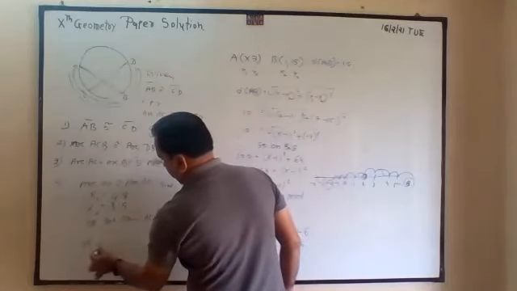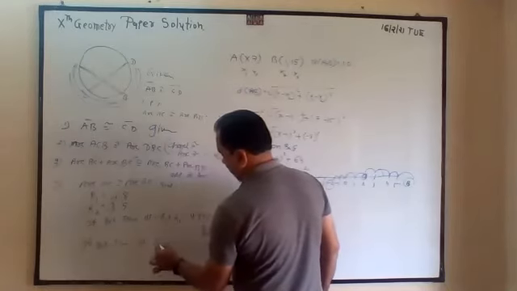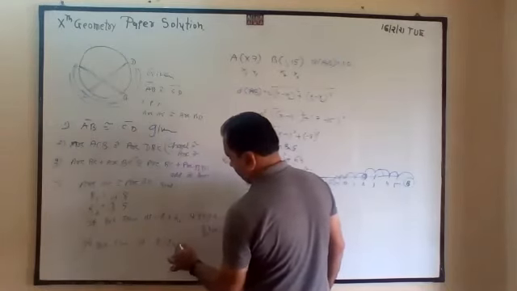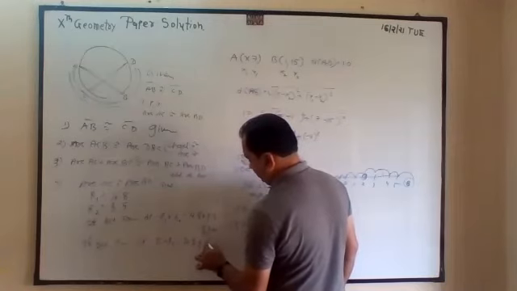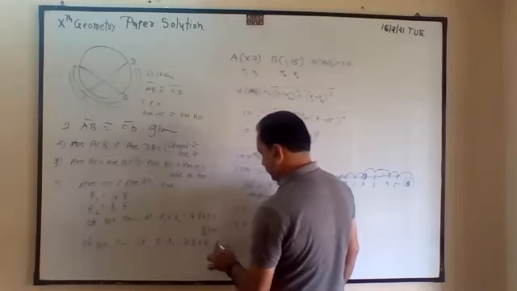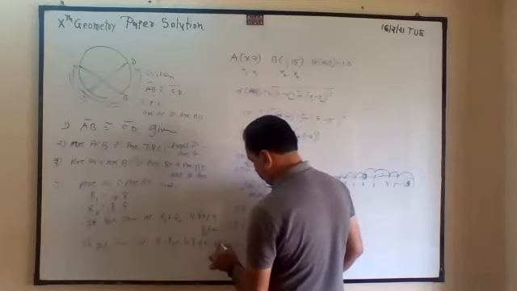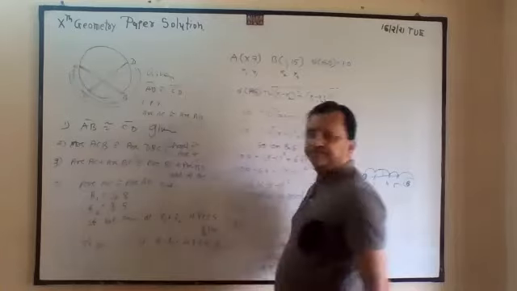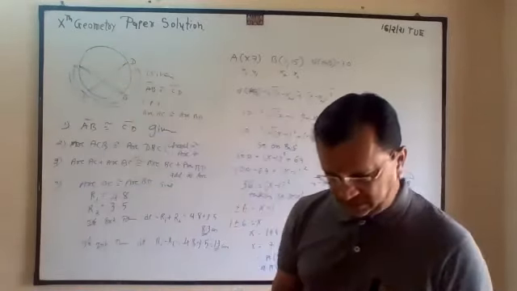If internally touching, then the distance is R1 minus R2, 4.8 minus 3.5, 1.3. You have to mention both when it is not given. Correct.